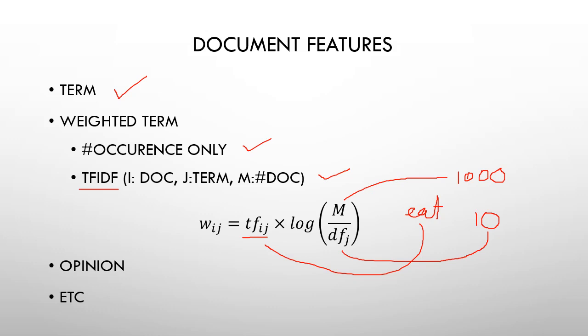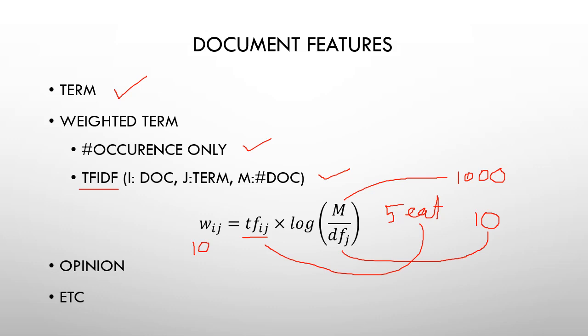Let's say that it appears 5 times in a particular document I. The term frequency is 5, so 5 multiplied by log of 1000 divided by 10. 1000 divided by 10 is 100. Log 100 is 2. 2 multiplied by 5, so the weight would be 10 in this particular example.